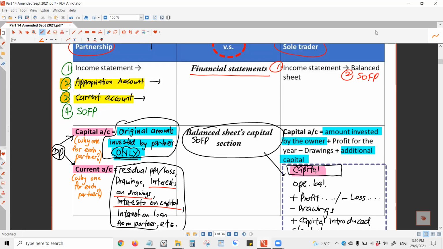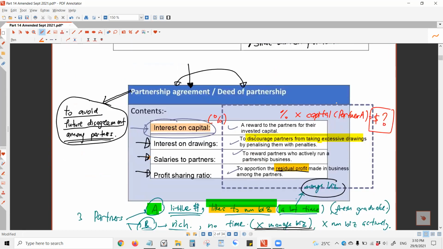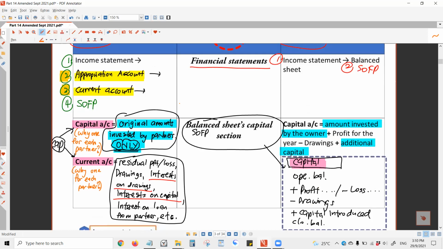And just now I also showed you the calculation: they give you a percentage, then you multiply it by the capital of maybe partner A, and you can calculate the interest on capital for partner A. Later I will do the calculation in the question. So I show you the question, and we write the answer together. They ask why you need to have a capital account for every partner.